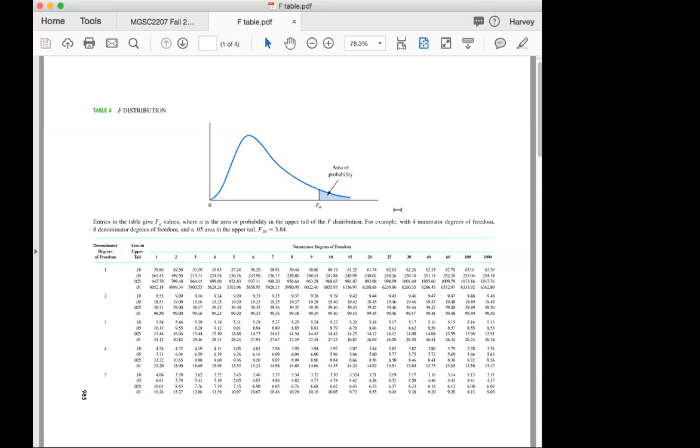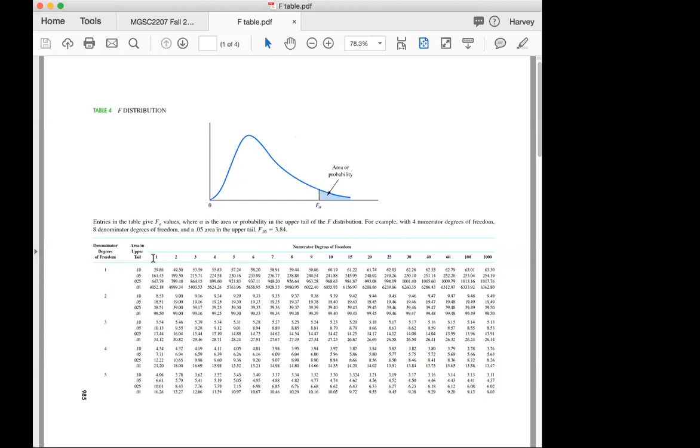As you can see, it looks similar to chi-squared, in that it is skewed to the right, and we have two different degrees of freedom. If this is the area in the tail, then we find the F value by finding the combination of the degrees of freedom in the numerator and the degrees of freedom for the denominator.